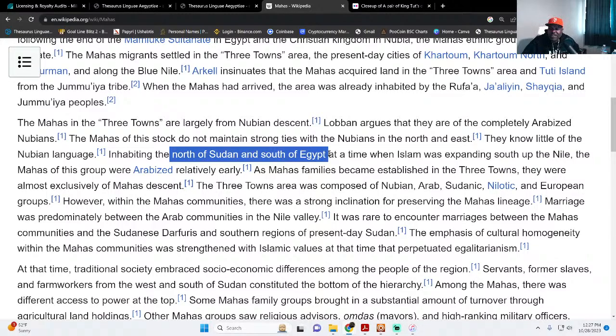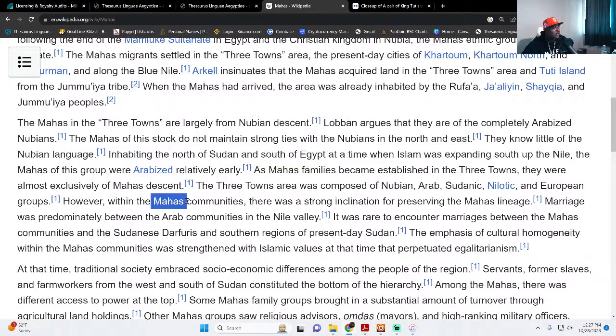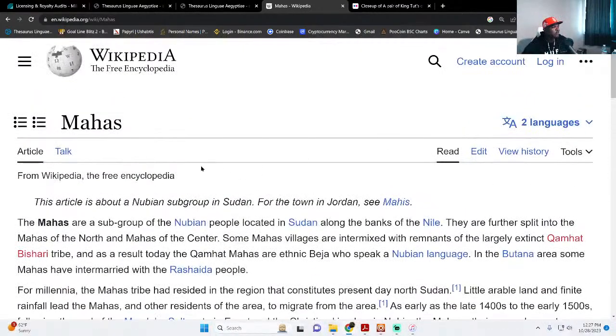So we literally can show you the Nehesi, right now, Southerners who've over time adapted that name, and now we say Mahas. And if you want to say one from Mahas, you say Mahasi. What's the difference? Well, this is how you form the cognate.